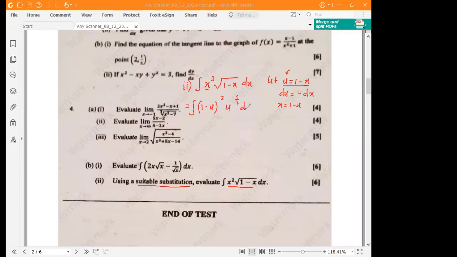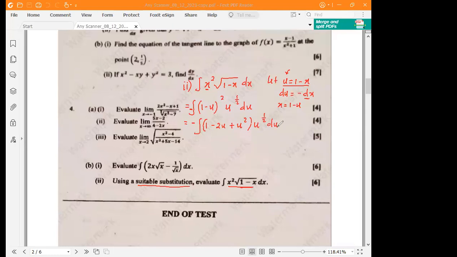The dx is minus du, so the minus can be taken out. So now we have the minus. So we do the expansion, so it should be 1 minus 2u plus u squared. You all know how to expand 1 minus u squared.